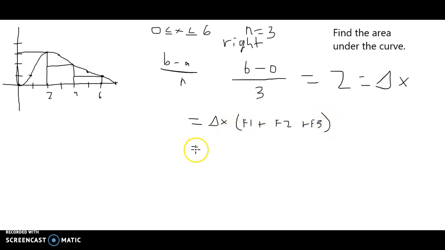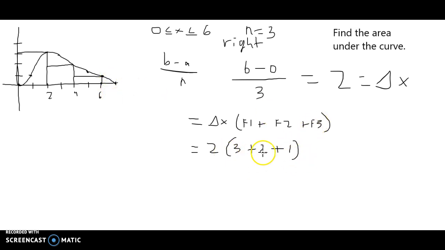And so let's start plugging in. So we got 2 is delta x. f1, the height is 1, 2, 3, plus height of this one is 1, 2, 2, plus f3 is just 1.